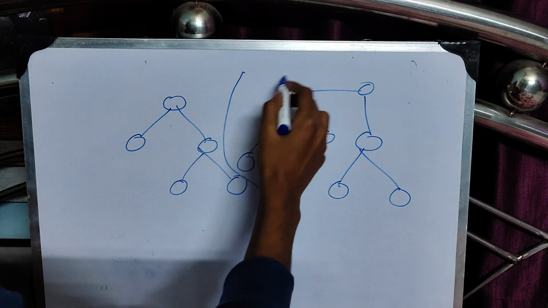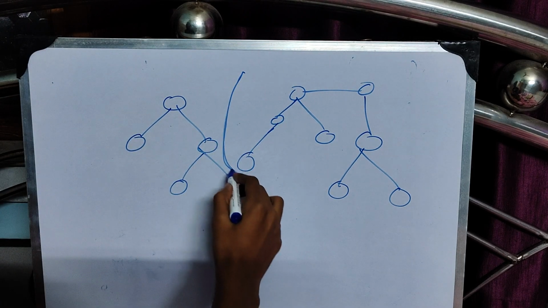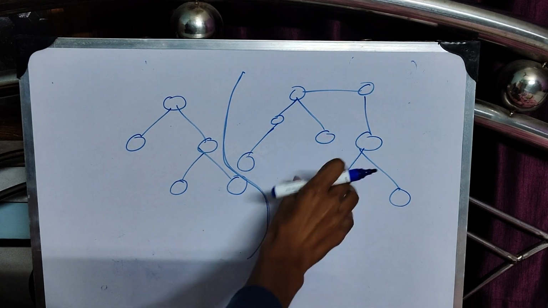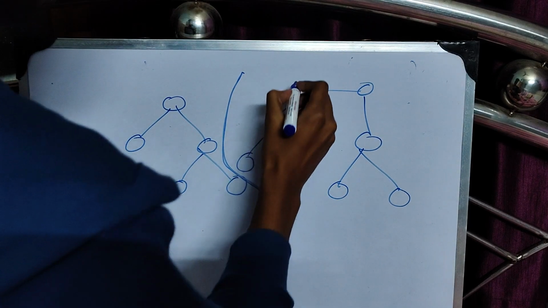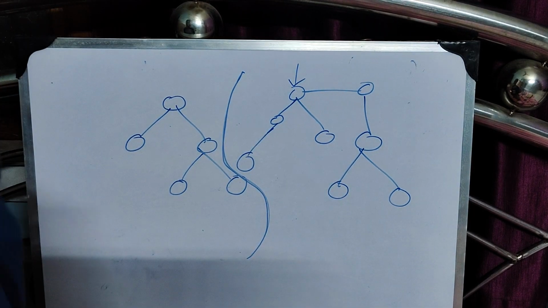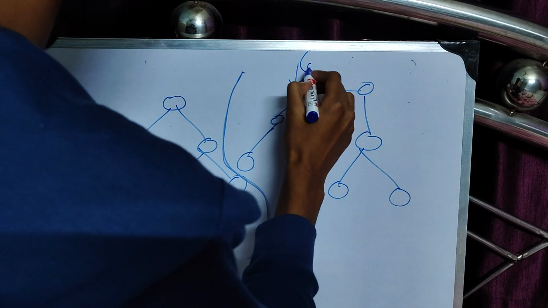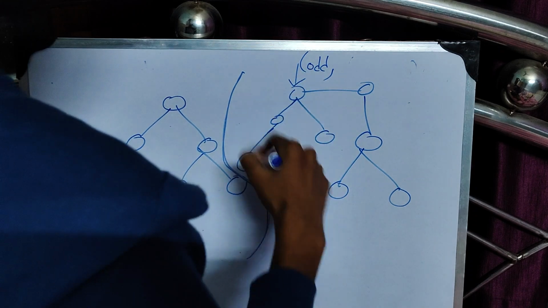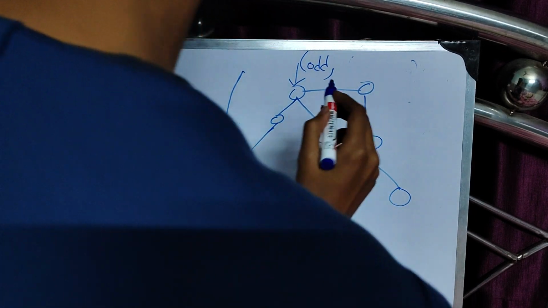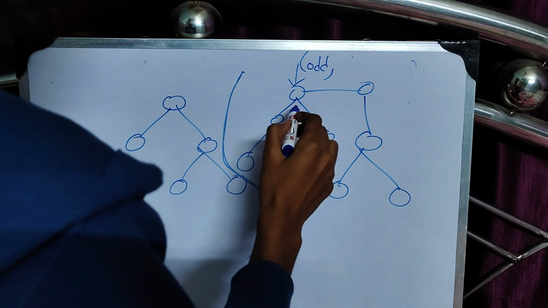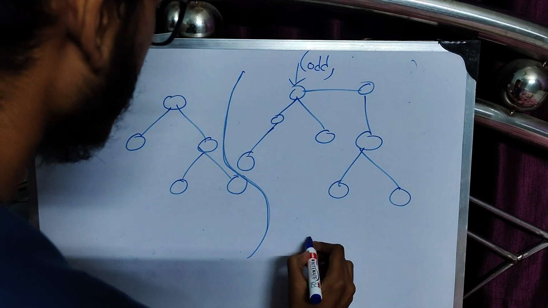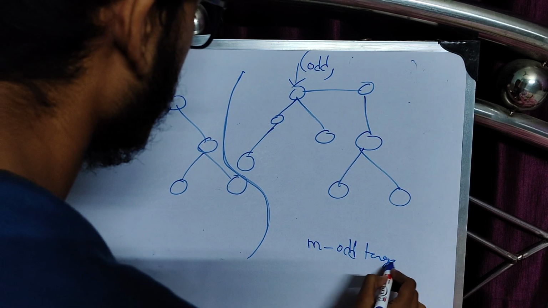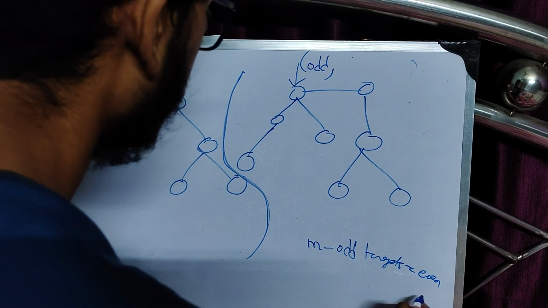Now when you are going to calculate the maximum number of odd nodes, the golden node, just calculate how many odd targets are connected with this. Once you have calculated that, you can subtract: number of nodes in tree 2 minus number of odd targets is equal to number of even targets, right?